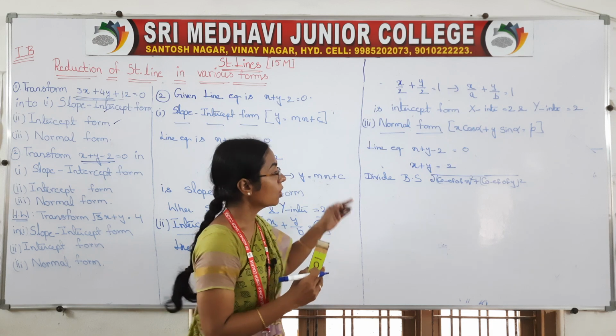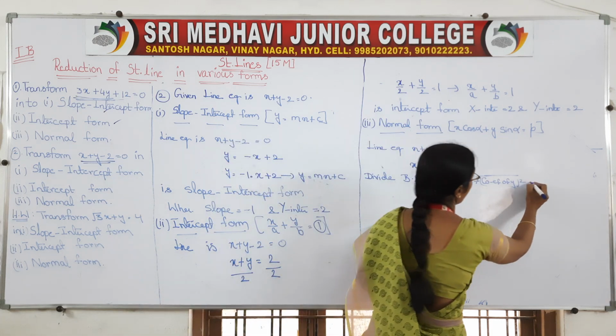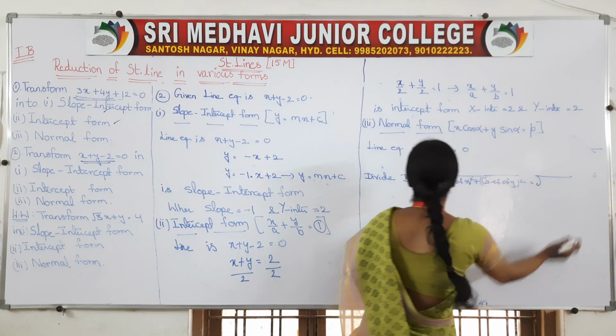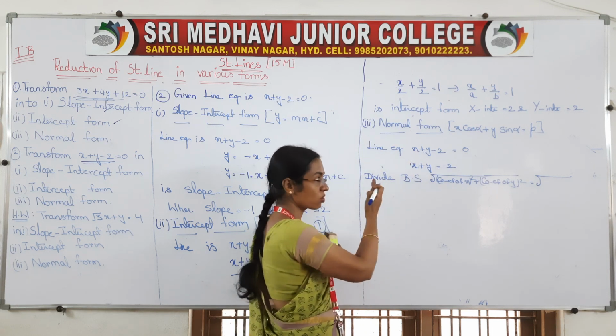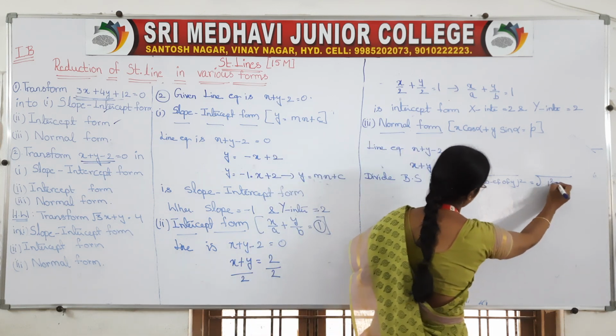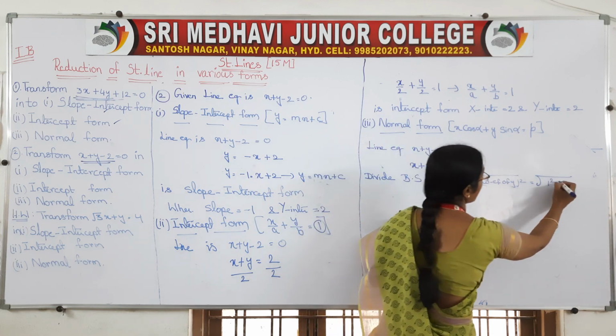The coefficient of x, writing x as 1 into x, is 1 square. Similarly, y can be written as 1 into y.